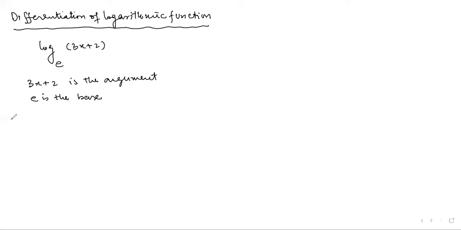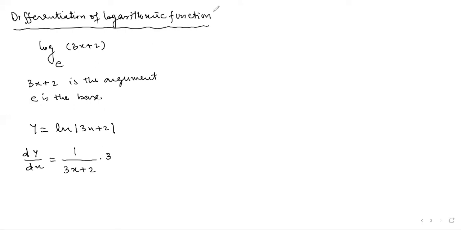Now the question is, the method to differentiate. If there is ln 3x plus 2 and we want to differentiate this one, then dy over dx is equal to the reciprocal of the argument, the argument being 3x plus 2, multiplied with the derivative of the argument.